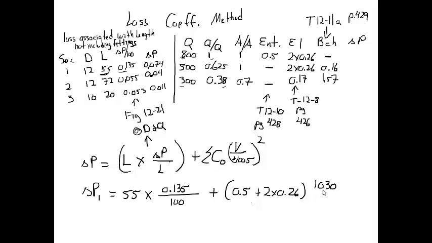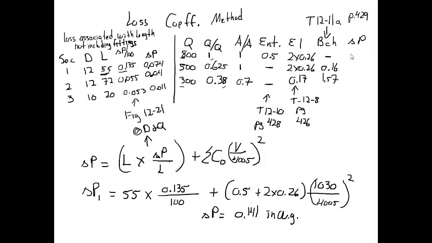You guys can go ahead and calculate the velocity, okay? So in this case, if you were to calculate the velocity for section 1, you should get 1,030 feet per minute divided by 4,005 squared. You get the total pressure to be 0.141 inches of water.